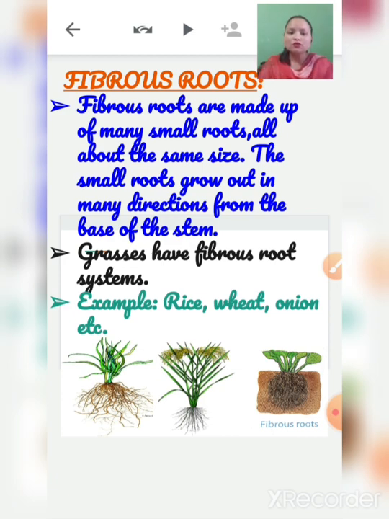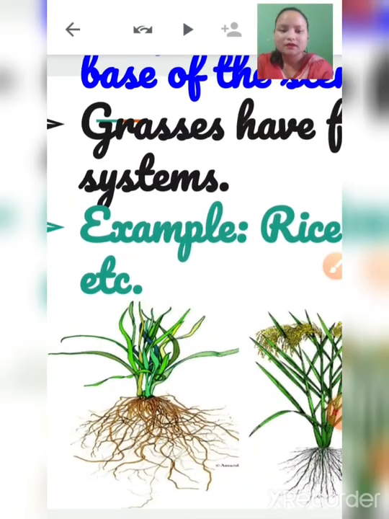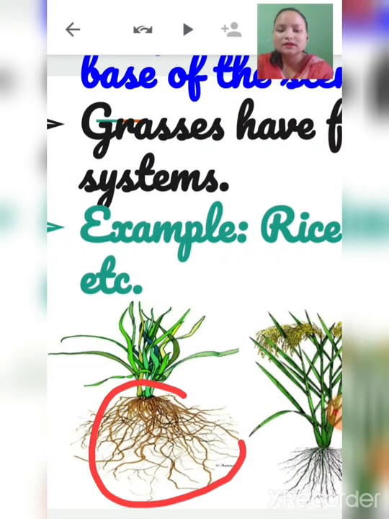The small roots grow out in many directions from the base of the stem. Grasses have a fibrous root system. Examples are rice, wheat, onion, etc.